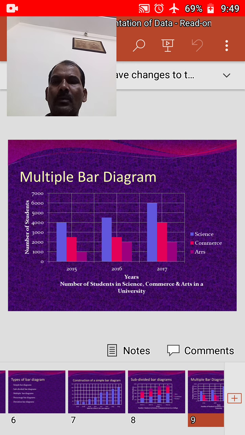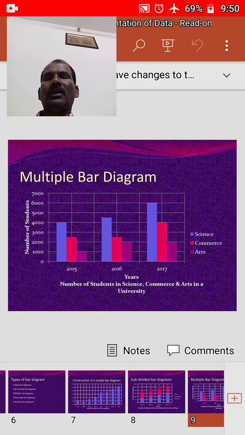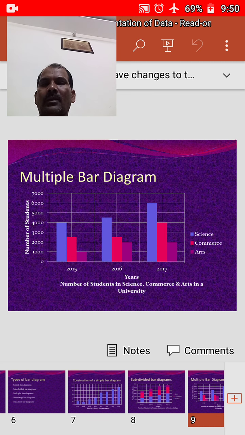Red color shows commerce students, and pink color shows arts students. It is very clearly visible the number of students who took admission in different courses in the different years given.